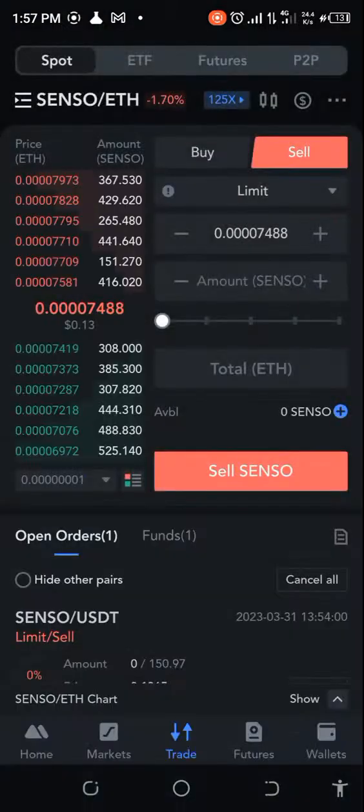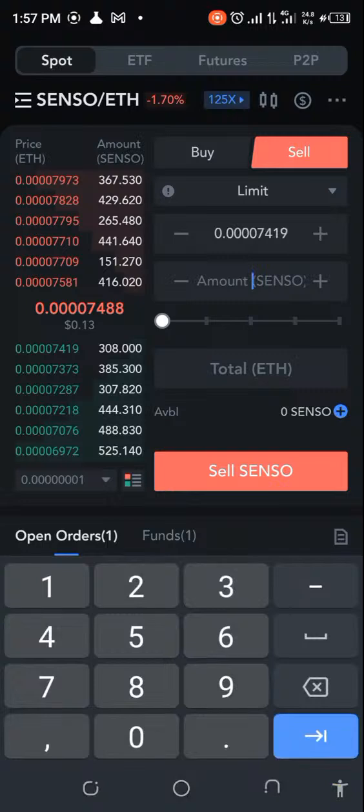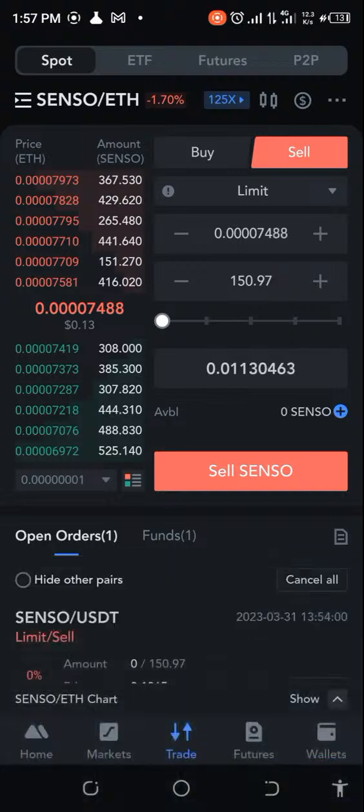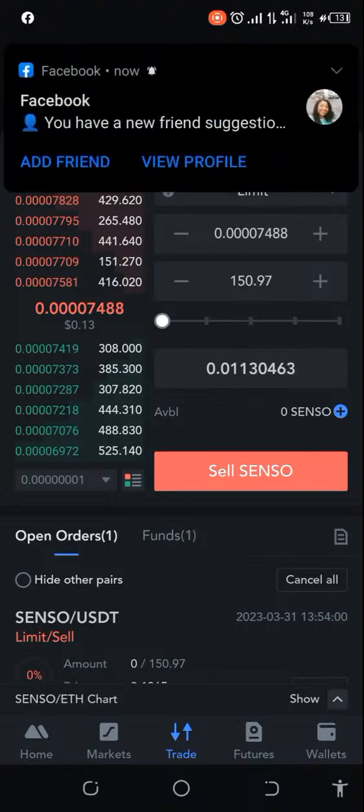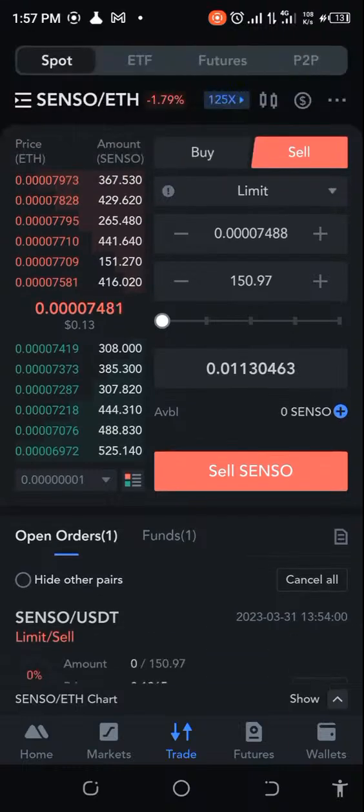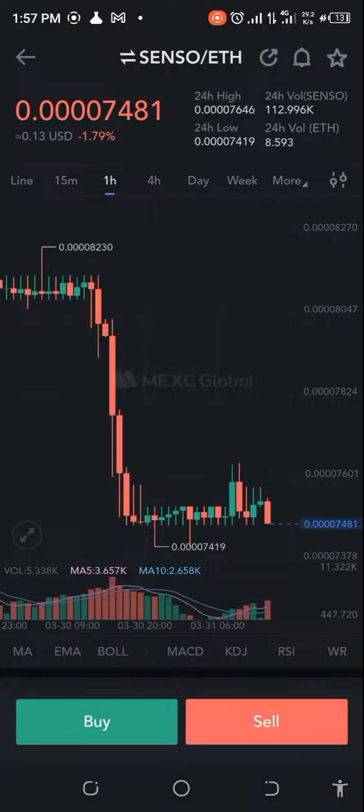So what I have here is, if I pick this 7419 and I put 150.97, no. I don't think I want to do that because if I tapped here, it's going to give me this. But even with that, I can see that it's actually going low. So because of that, I don't think it's, no. I don't think it's a risk I want to take.